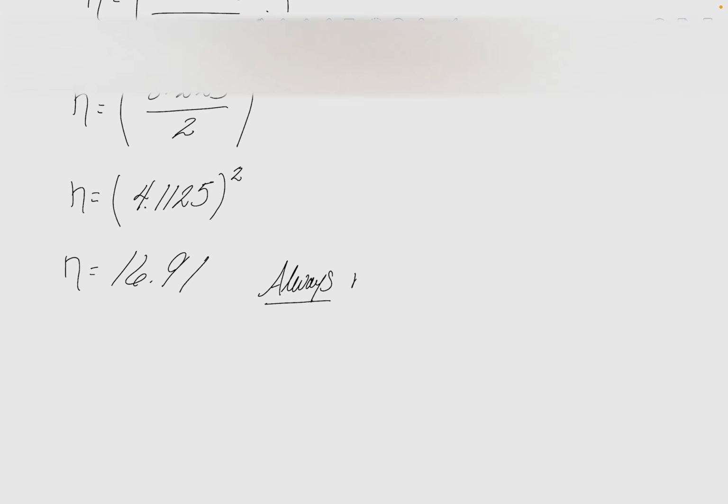Okay? With sample sizes, you're always going to want to round up. It's specifically to the nearest whole number. Because again, when we're talking about sample sizes, we can't have a portion of a person. We need to have the whole person in the study, for example. So it doesn't really make sense for us to have any kind of decimal.